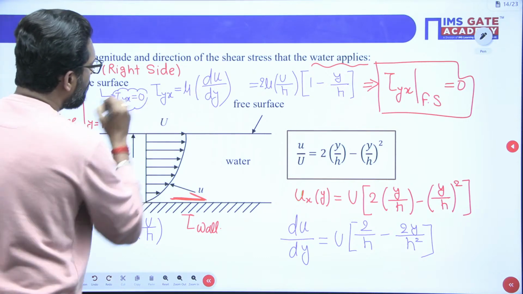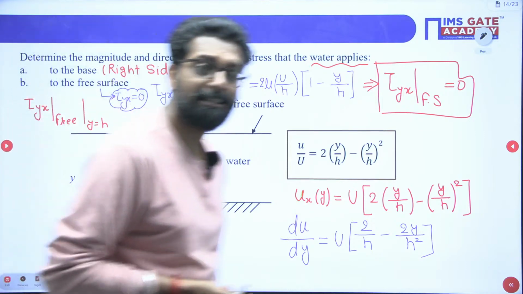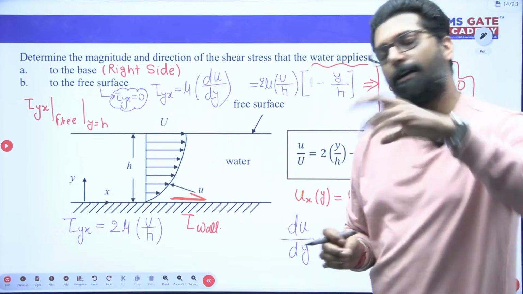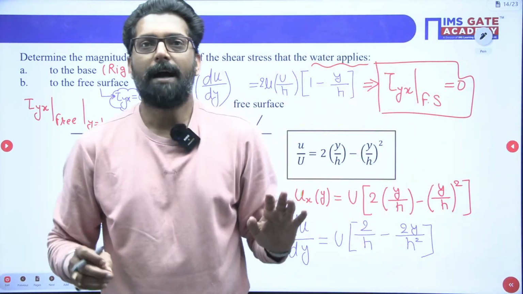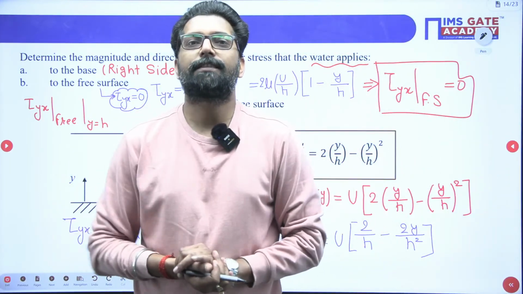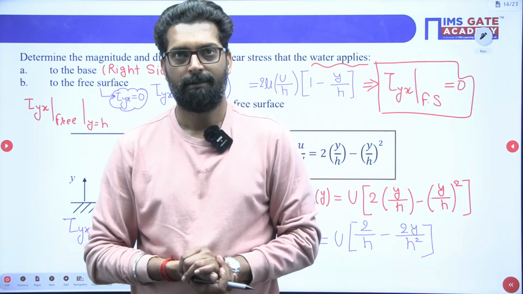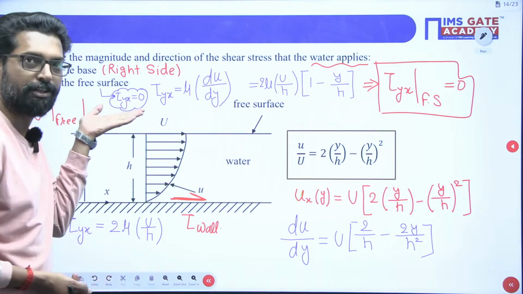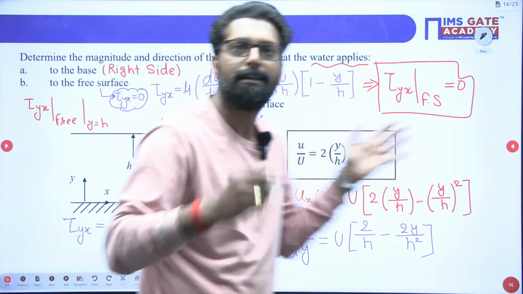So we cannot define the shear stress direction at the free surface. So if someone frequently asks you, my dear, what is the direction of the shear stress at the free surface? Brother, shear stress itself is 0. So how can you define a direction? So there is no direction.